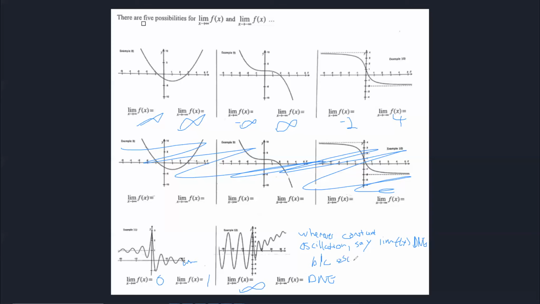So actually, here we should write D and E, because of oscillating.